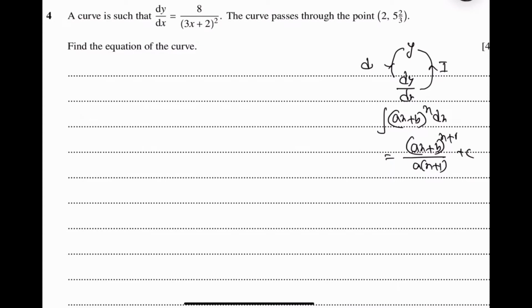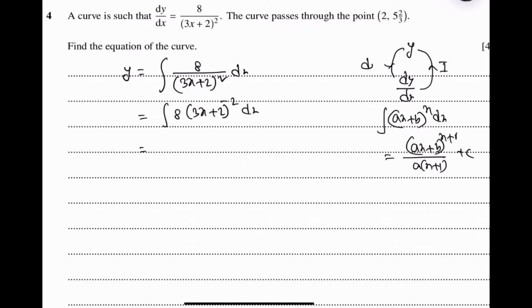Now let me write here, if dy/dx is integrated, there will be y, then the integration sign, and then 8 over (3x plus 2) whole squared dx. So let me write now 8 times (3x plus 2) to the power minus 2 dx.